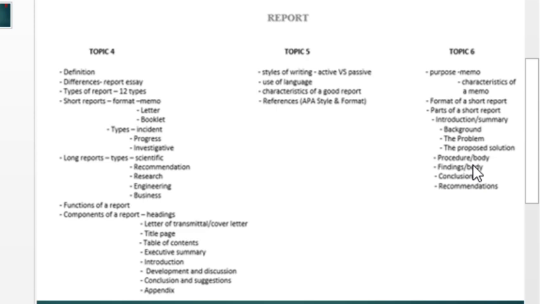And who knows, maybe one day some of you will be working as a human resource officer, or maybe as a finance officer, or maybe as a project manager, or maybe as a researcher. Maybe you have to write a memo to your colleagues in your department or in your organization, because this is one of the skills that need to be mastered if you're working one day, in which to write a memo.